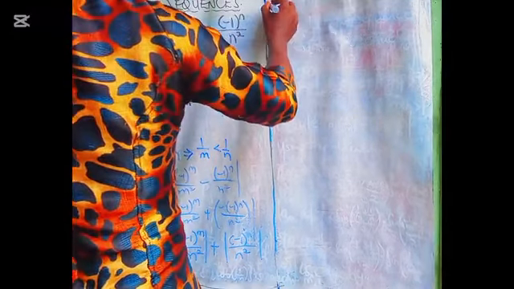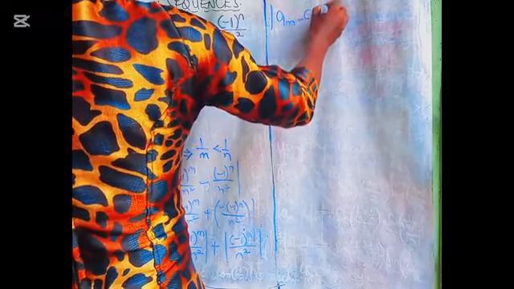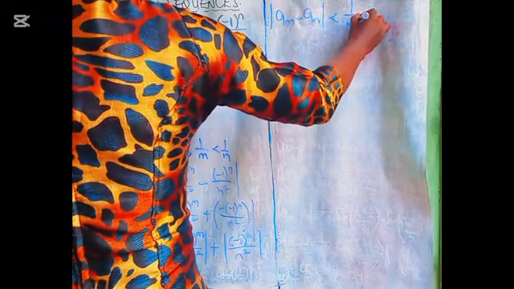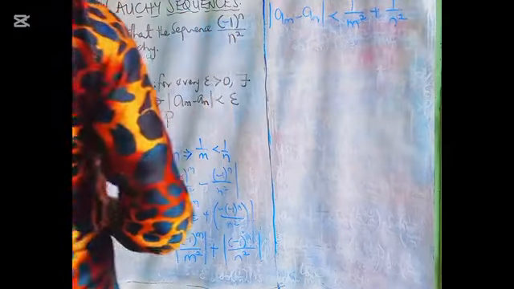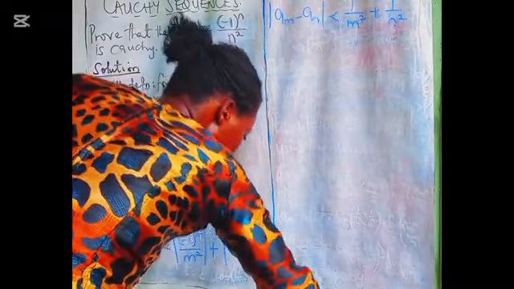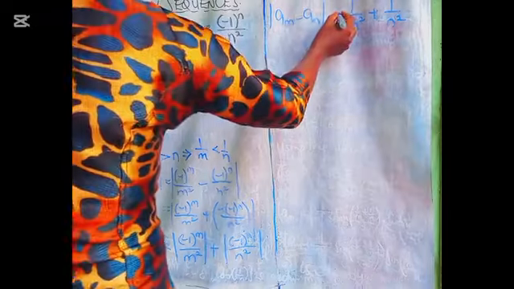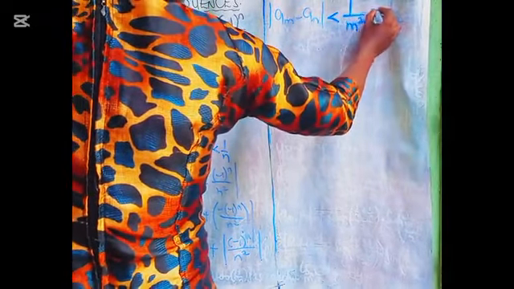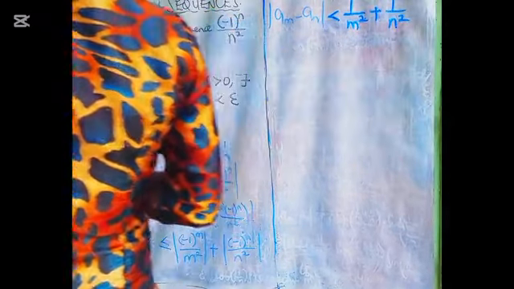And so, |a_m minus a_n| will be less than 1 over m squared plus 1 over n squared. This will be less than 1 over n squared plus 1 over n squared.